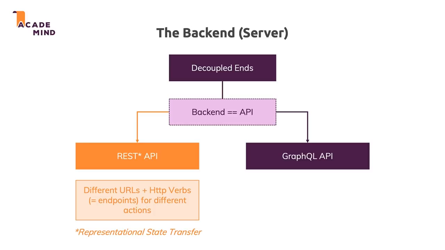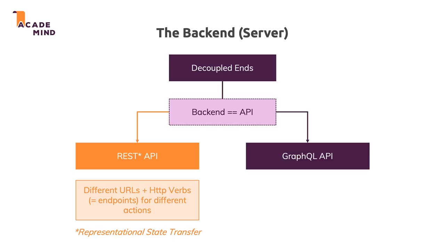And I'll show some examples and come back to that in a second. So for a REST API, it's the combination of the URL and the verb used for the request that defines what happens on the server. And when we build such a REST API, we define the combinations of URLs and verbs we want to support. And for unsupported combinations, an error will be sent back if a client tries to use it.